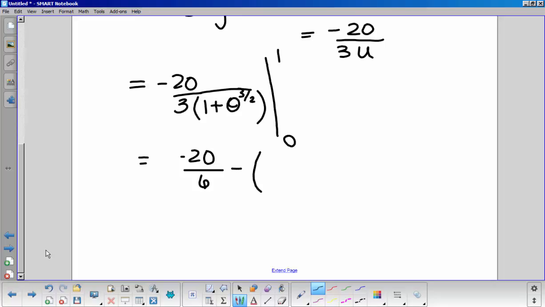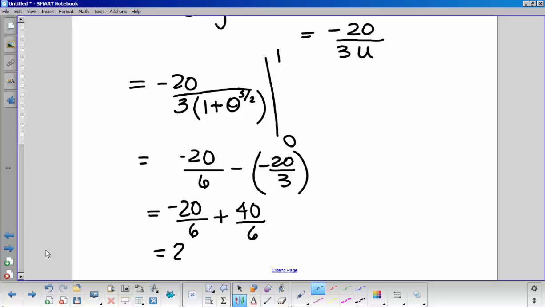We get minus negative 20 over 3. If I find a common denominator, which would be 6, this will be negative 20 over 6 plus 40 over 6, which is 20 over 6, which reduces to 10 over 3. There we go.